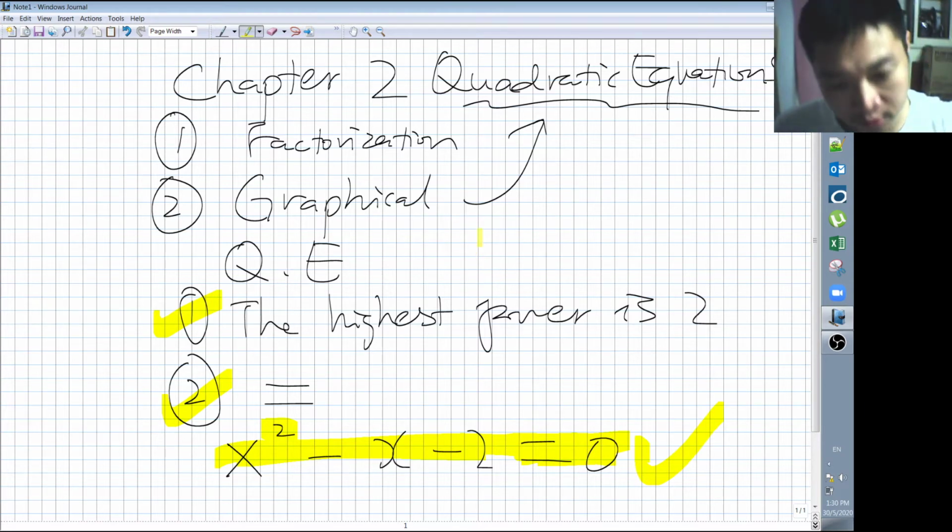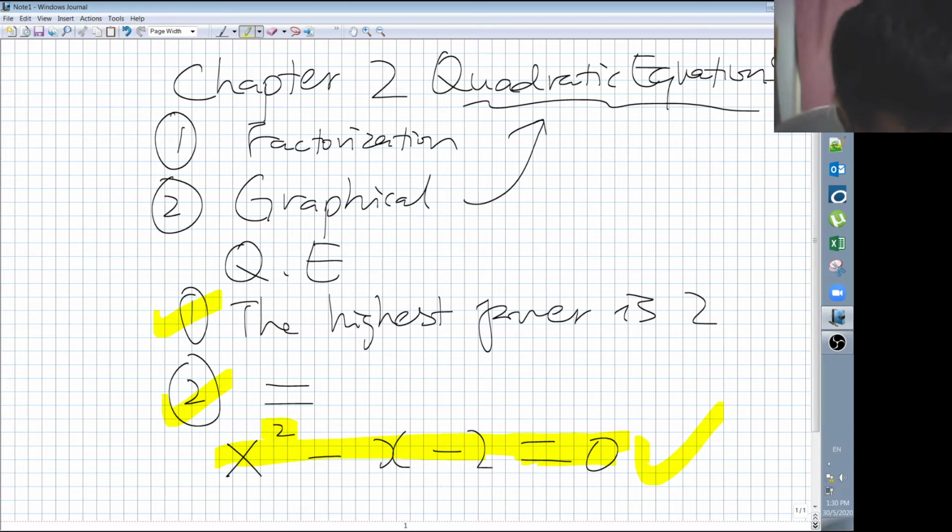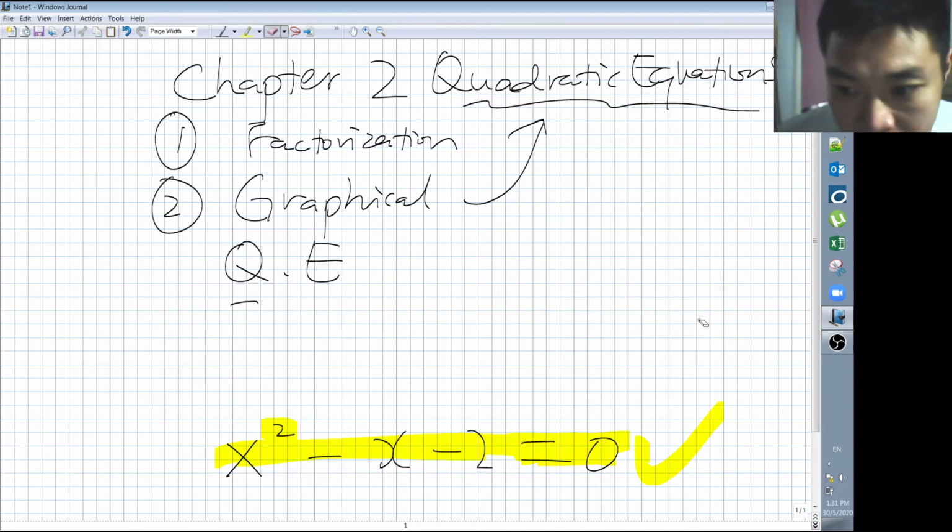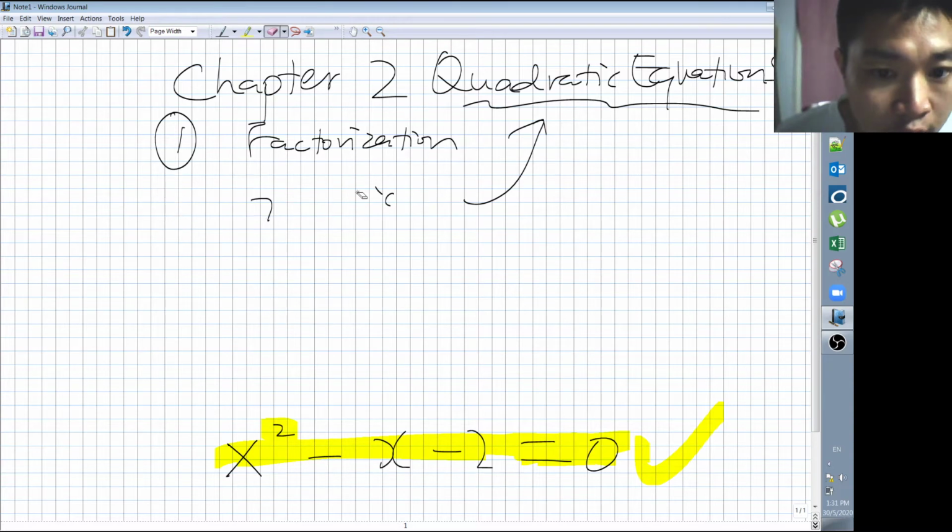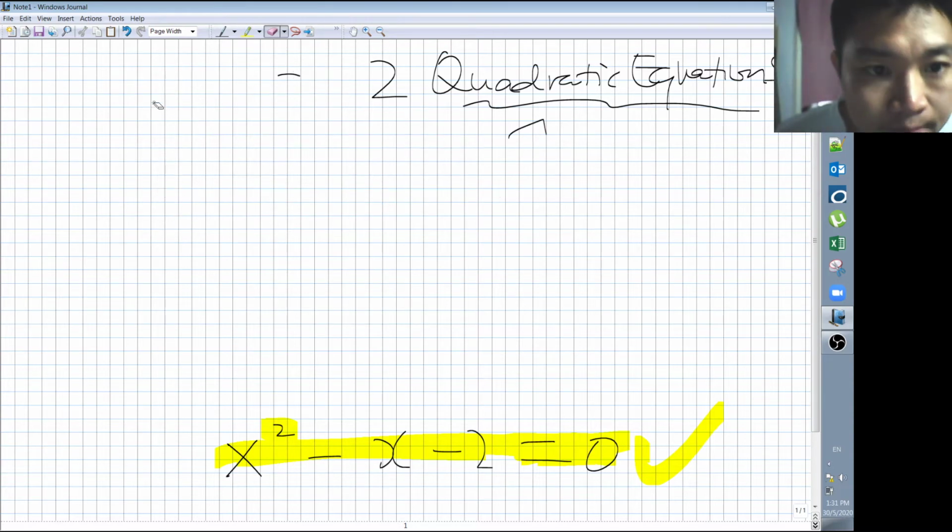So without further ado, let me start with the graphical method to solve this equation, x squared minus x minus 2 is equal to 0. Let me erase some of the stuff so that I have plenty of space to solve graphically.